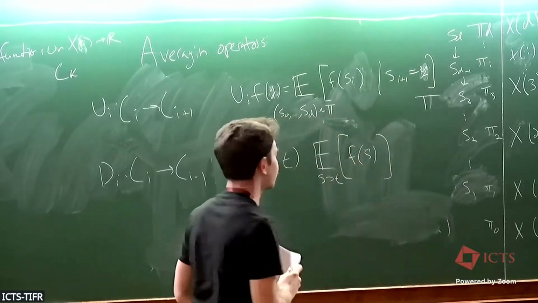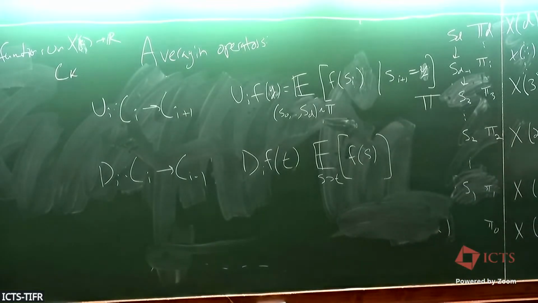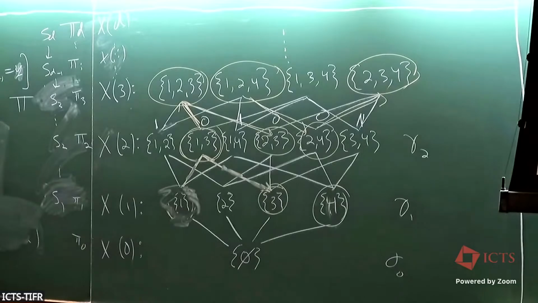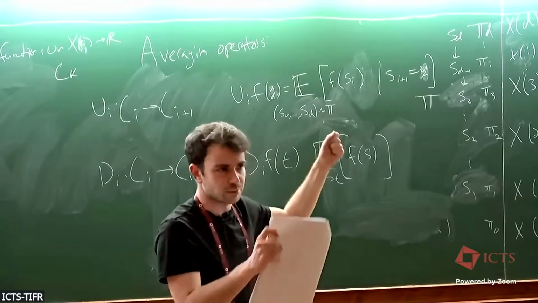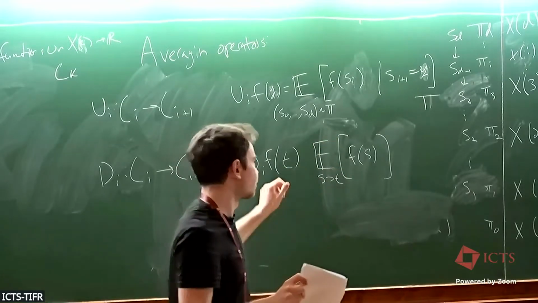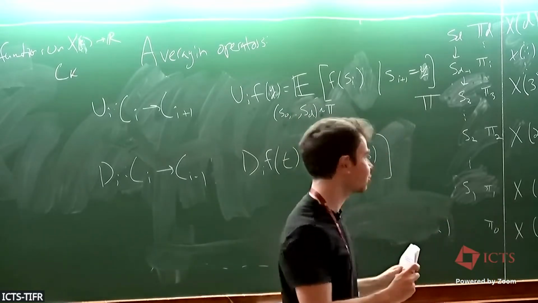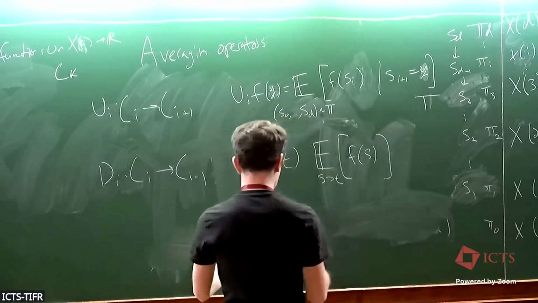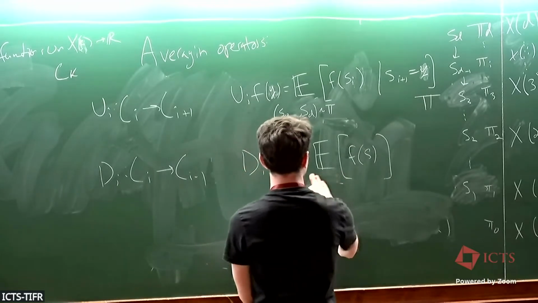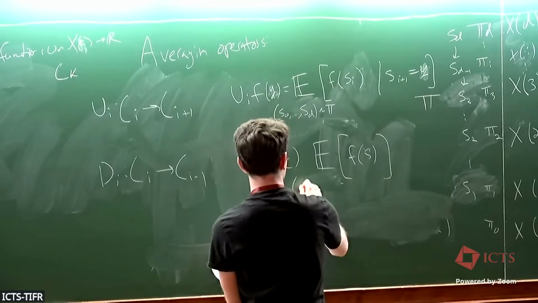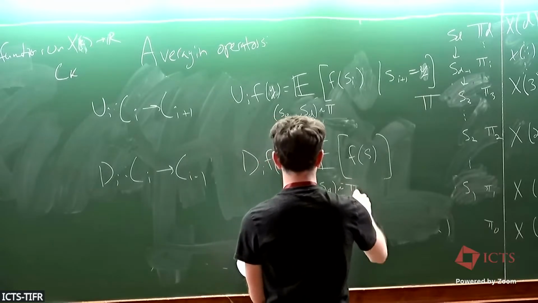So this is the value of U i f at y, the average over lower level guys, but now I'm doing it correctly over this joint distribution of chains. This makes sure that I don't have to worry about sampling things from the right exact distribution. I'm just viewing everything jointly and doing everything with respect to this joint distribution. Similarly, I can do the same thing below, which hopefully I don't screw up the indices of. So this should also be S 0 through S d sampled from pi.